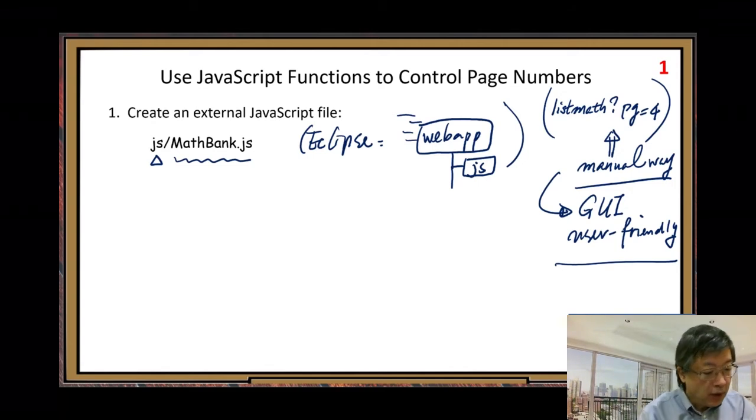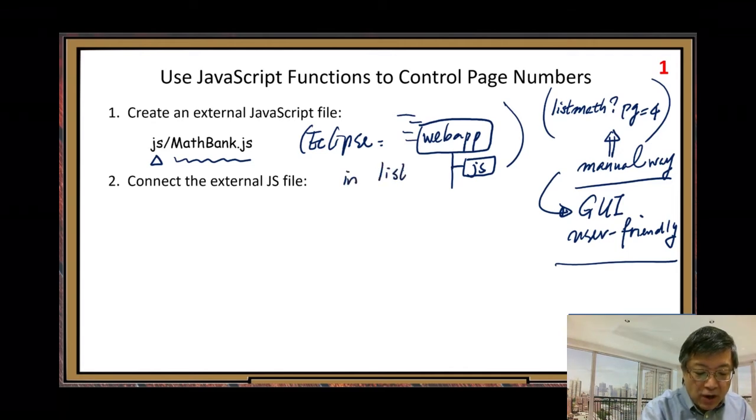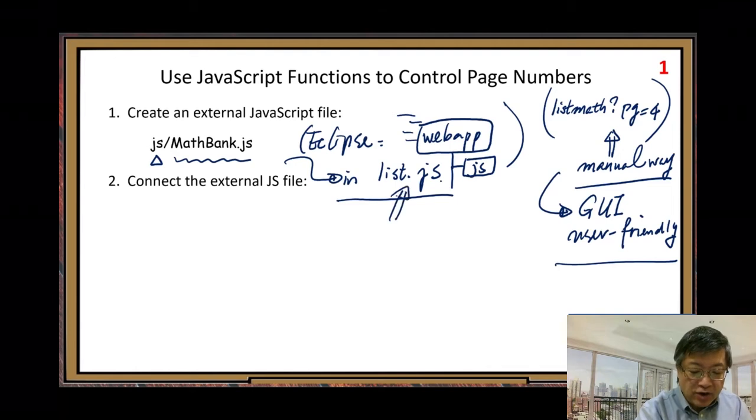All right. Second one, connect the external JS file. In our list.js, we connect, because we want to use JavaScript page control functions in this file. How to do it?